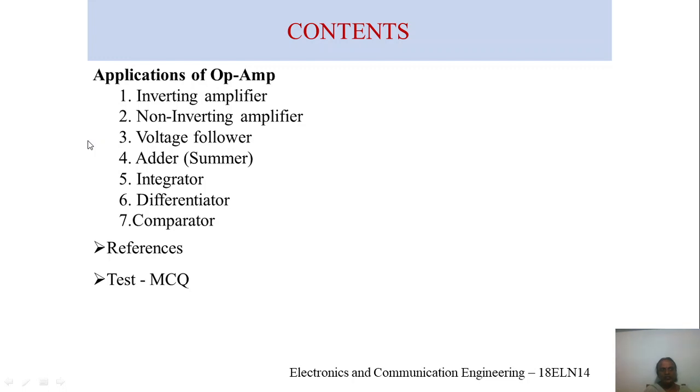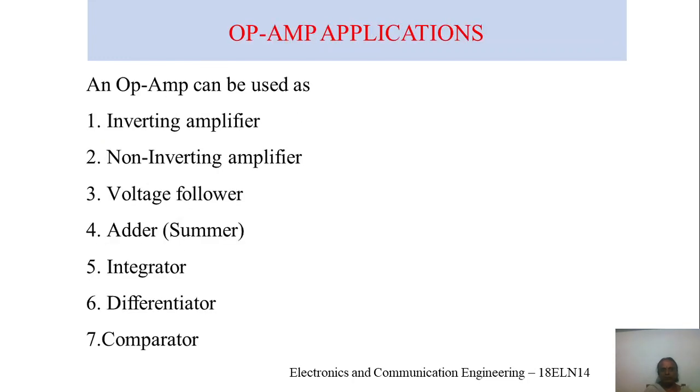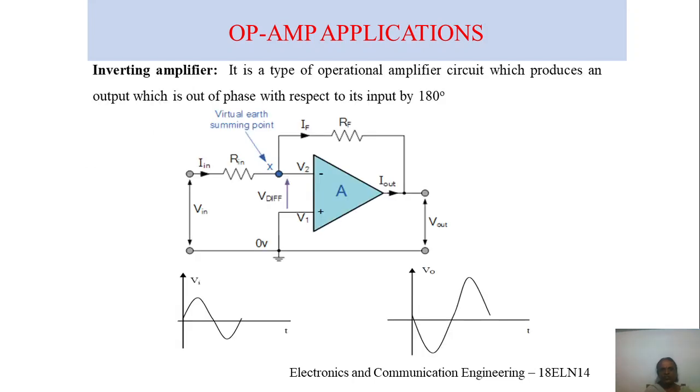The first one is the inverting amplifier. An inverting amplifier, also known as an inverting operational amplifier or inverting op-amp, is a type of op-amp circuit which produces an output which is out of phase with respect to its input by 180 degrees.